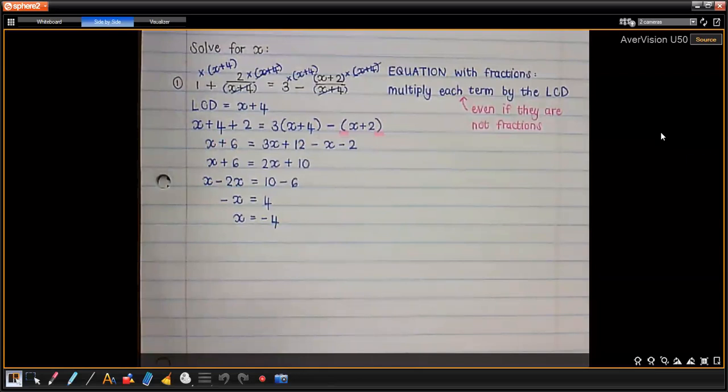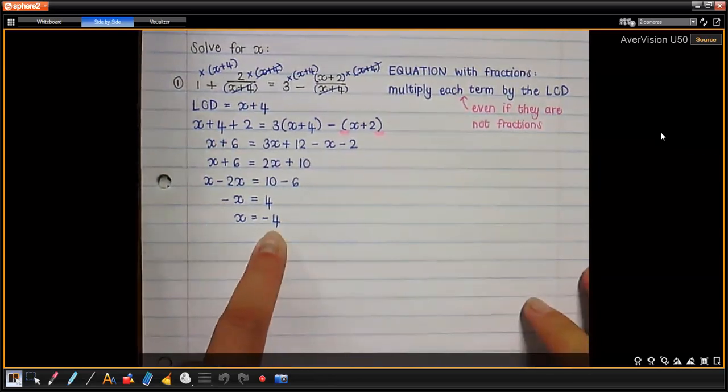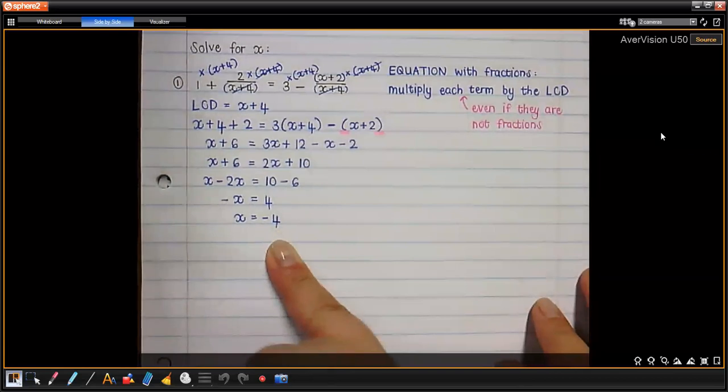What happens? 2 divided by 0, same thing. It's a math error, eh? You can't do that, right? How can you divide something by nothing? 2 over 0, 8 over 0, it won't work. It doesn't exist. So this answer is actually invalid.